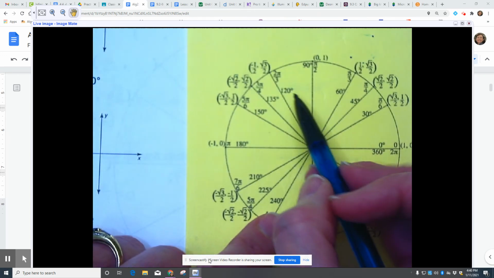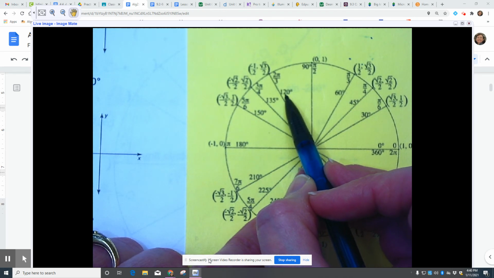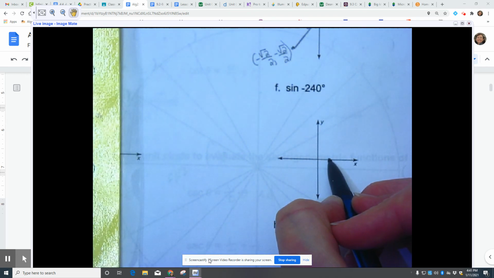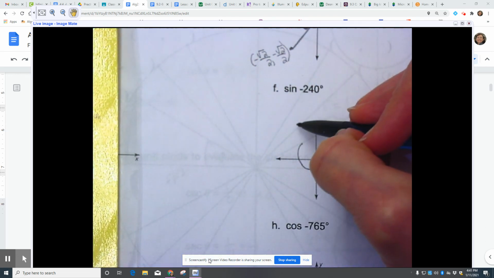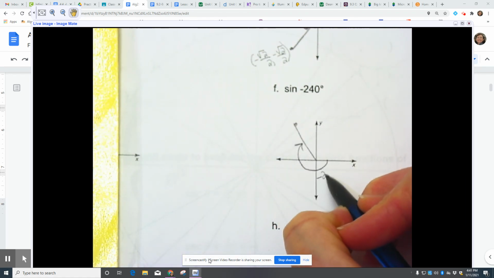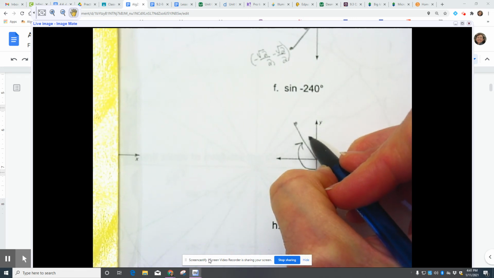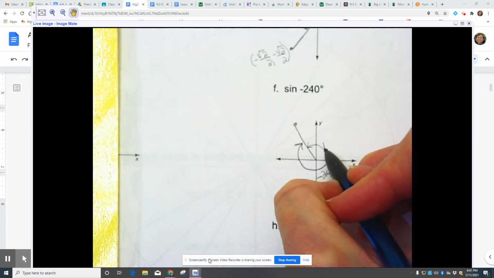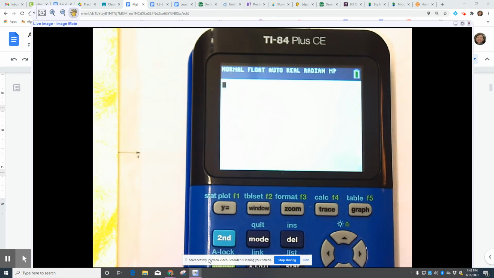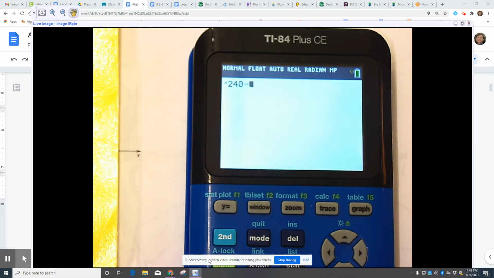Negative 240 and 120 are coterminal angles. So let's draw this. Negative 240. I ended up over here. So that's negative 240, and I ended up on the unit circle at 120. So let me show you. If I take negative 240 and I add 360 to it, remember how we found coterminal angles?